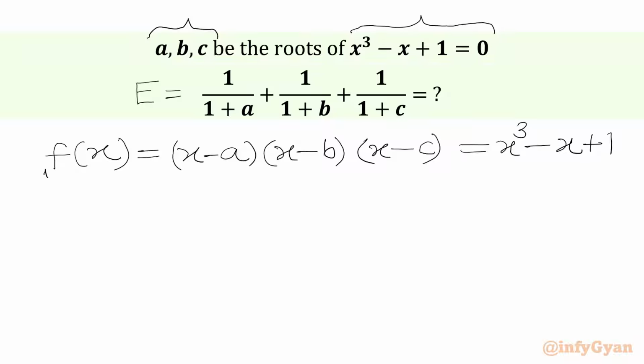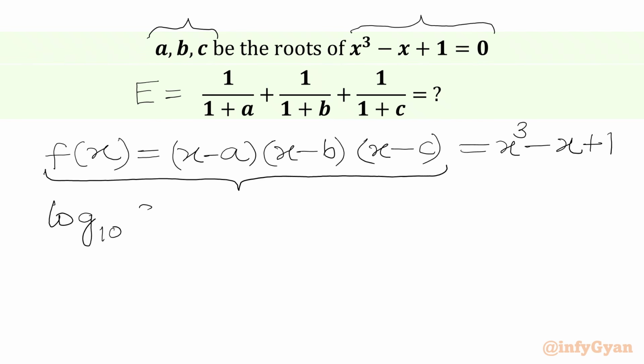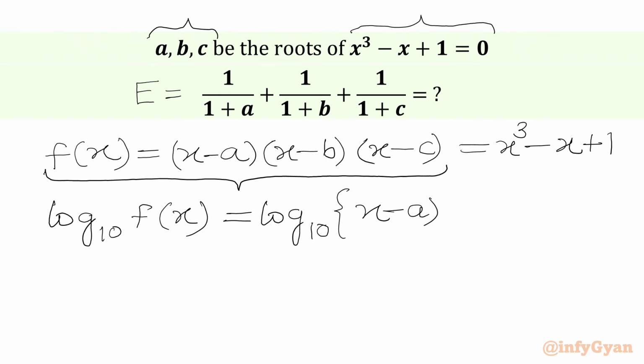Now we will consider f(x) equal to x minus a times x minus b times x minus c. We'll take log both sides, log with base 10. So we'll write log of f(x) will be equal to log of x minus a times x minus b times x minus c.